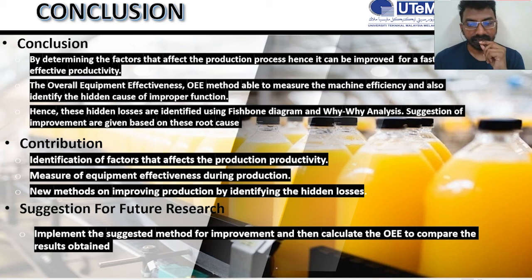For future research, it is suggested that the improvement method be implemented and then the OEE result be measured again. In this way, the OEE result of the current status and the result after the changes can be compared to prove that the suggested method is able to improve the availability rate of the equipment.